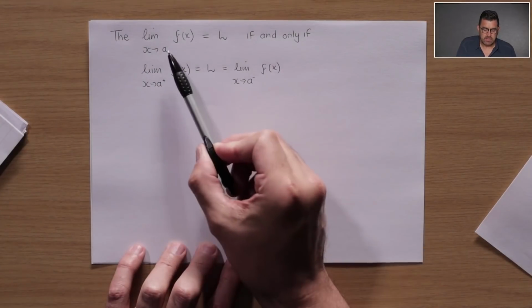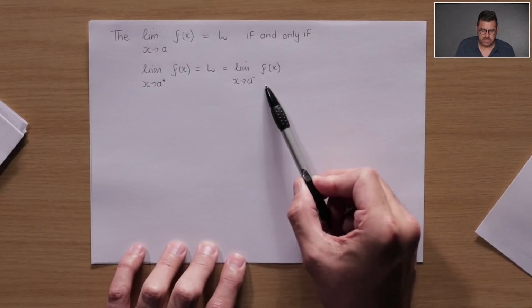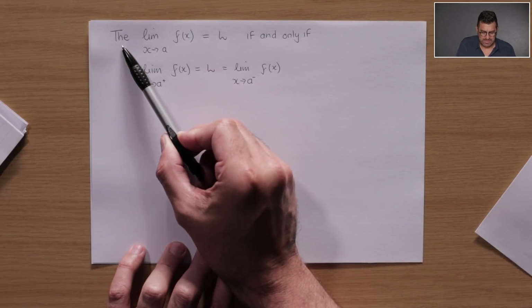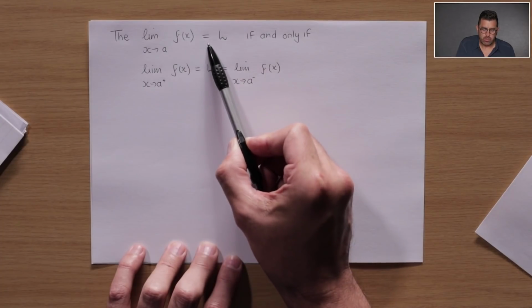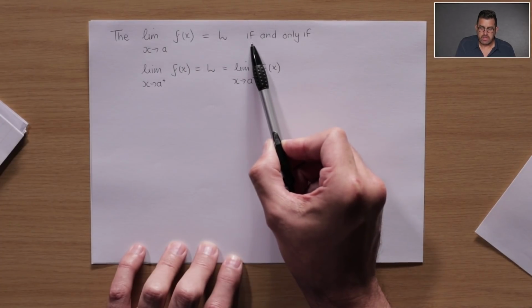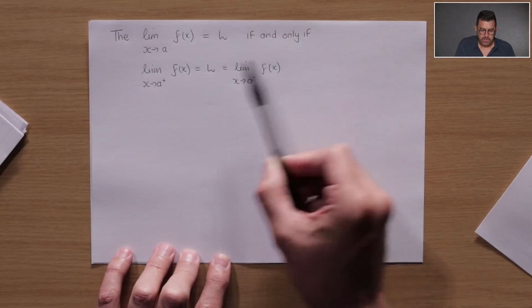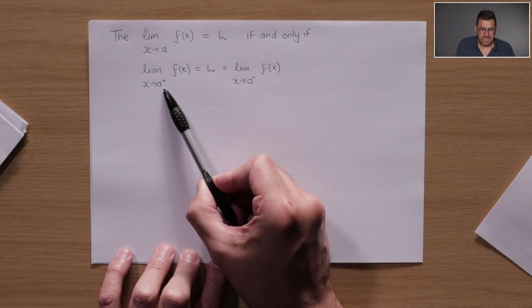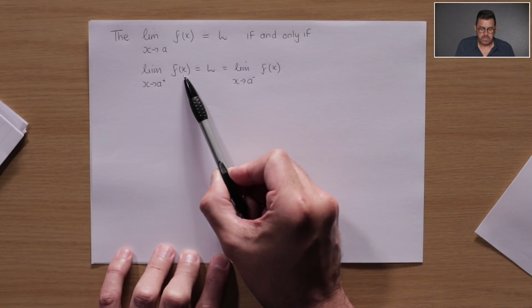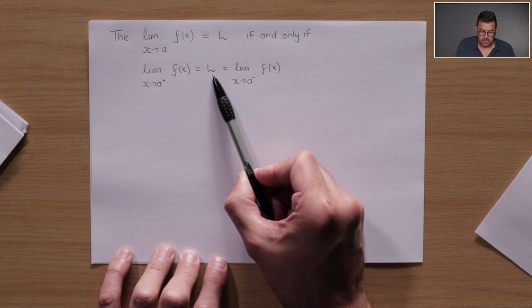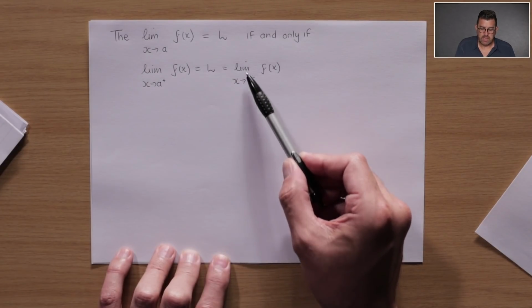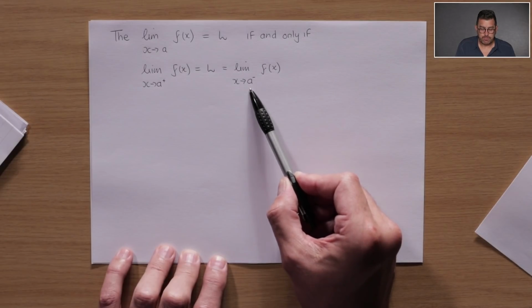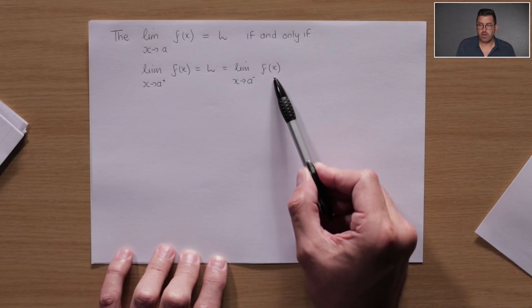Before we look at what the theorem says, we just have to remind ourselves what a limit is and when that limit exists. I've written it down here for us. The limit when x approaches a of some function f of x will be a value L if and only if the limit when x approaches a from the right of f of x takes on the value of L, and this will also be the same when x approaches a from the left of f of x.